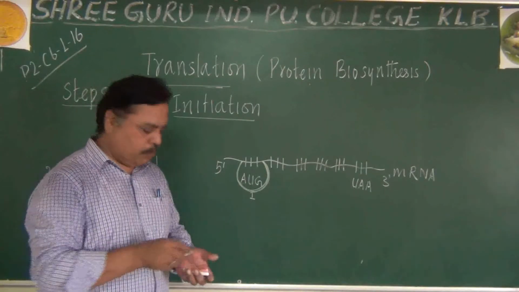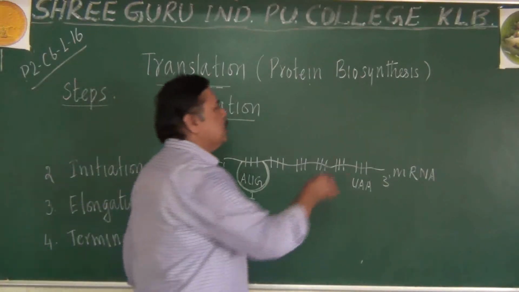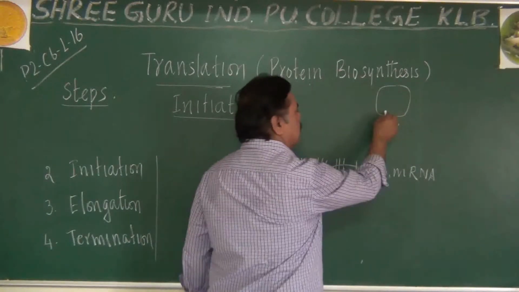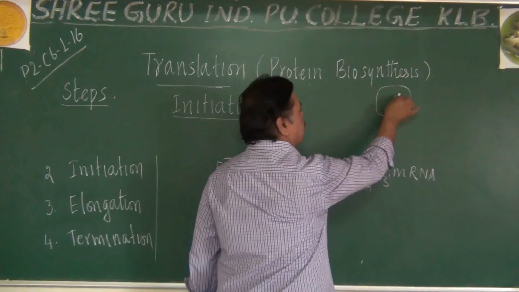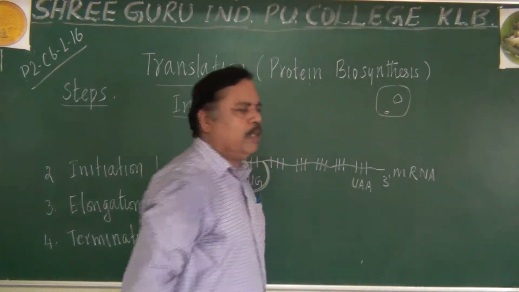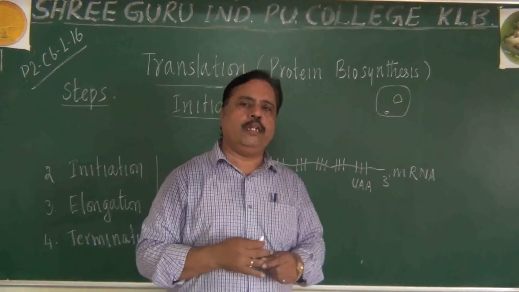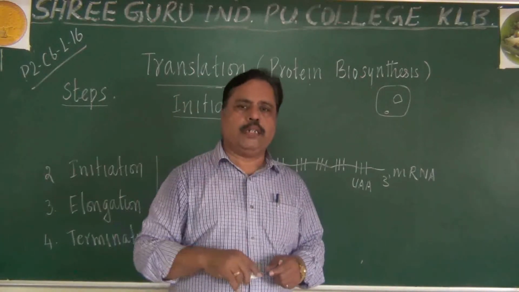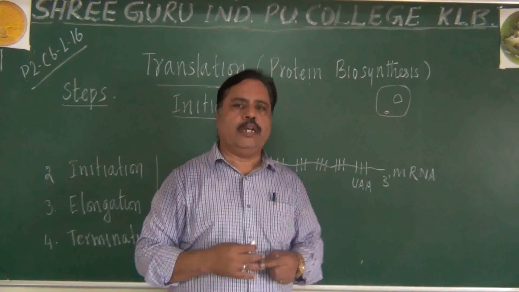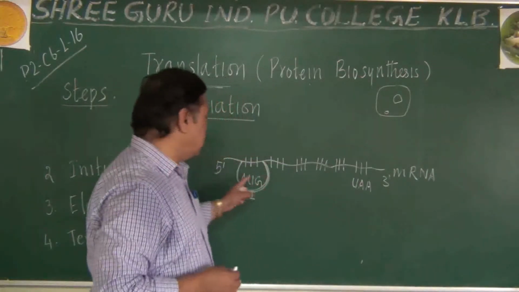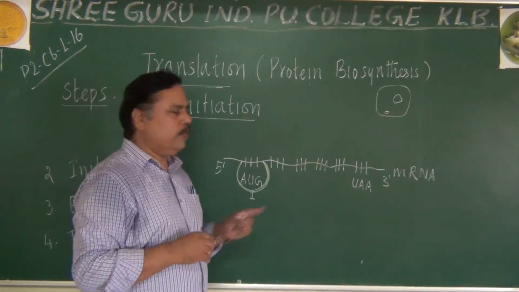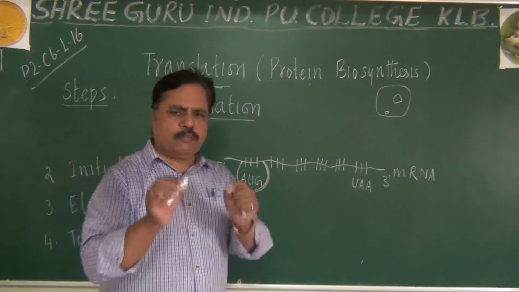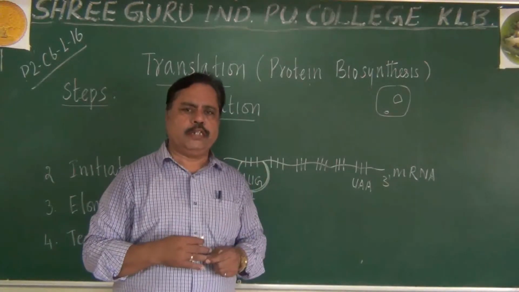Already I told you one point: when the cell is not undergoing protein synthesis, the two subunits of the ribosome are independent. They are present freely in the cytoplasm. Only when the need arises, they will come and join with each other. So the smaller subunit will come and join with the mRNA. That is the first step involved in initiation.